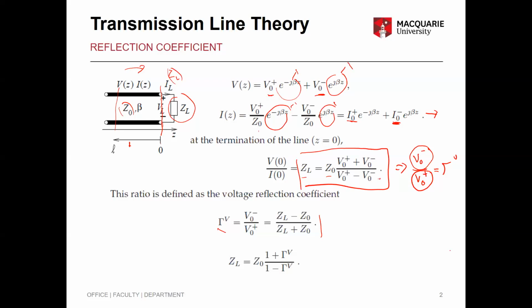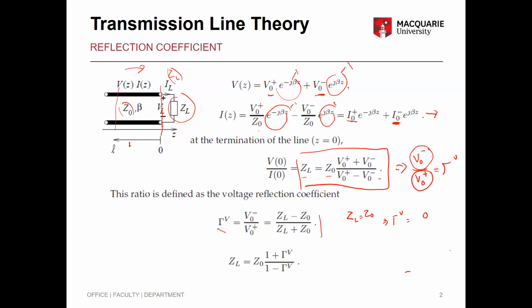So what happens if Z load equals Z0? In that case, tau V becomes 0, because the numerator Z load minus Z0 becomes 0, and 0 divided by something is 0. That means the voltage reflection towards the source is 0.